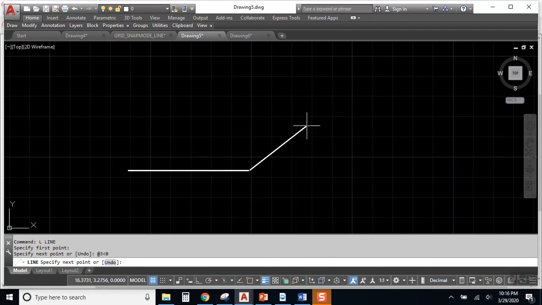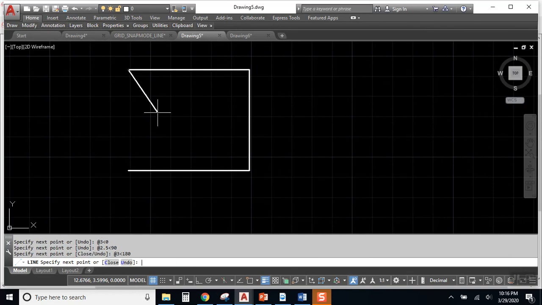And there's our 3-inch line. @2.5, angle 90. There's our line straight up. @3, angle 180. Takes us to the left. @2.5, angle 270. Brings us straight down.